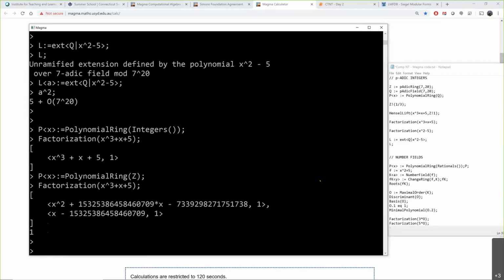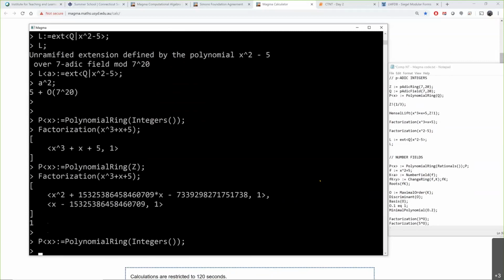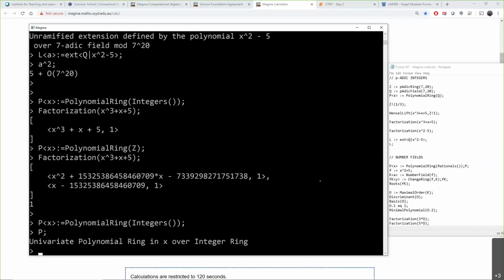Okay, I'm going to move to number fields. So I'm going to just do polynomials over the good old integers. And let's see that, yes, now we are in the world of the integers. So here we are. And let's do an extension.